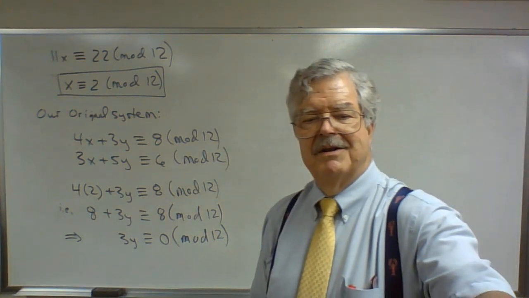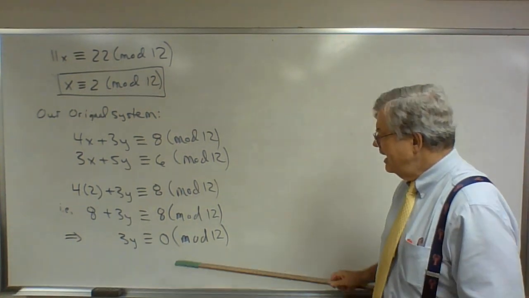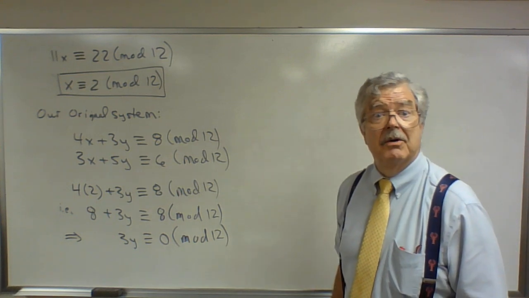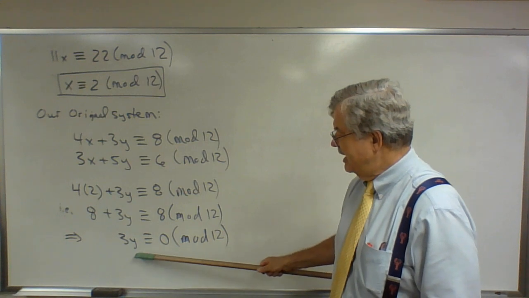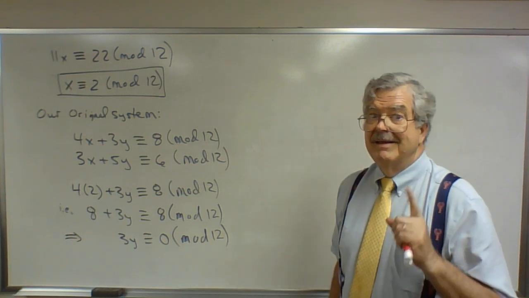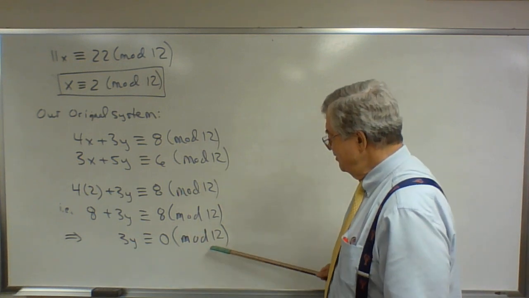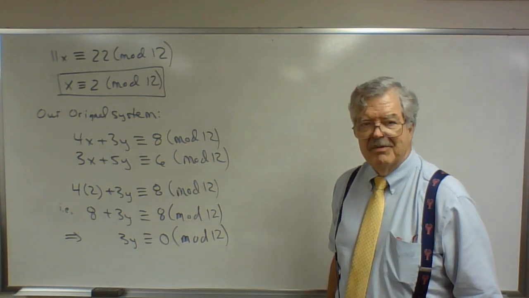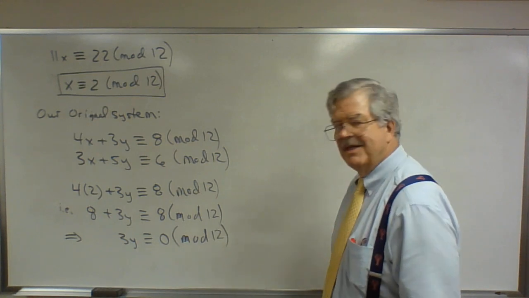Hold on for a second. You know, I'm looking at this thing and it bothers me because what I want to do is divide both sides by 3 and say, aha, y is congruent to 0 mod 12. But 3 and 12 are not relatively prime. 3 is a zero divisor of 12.